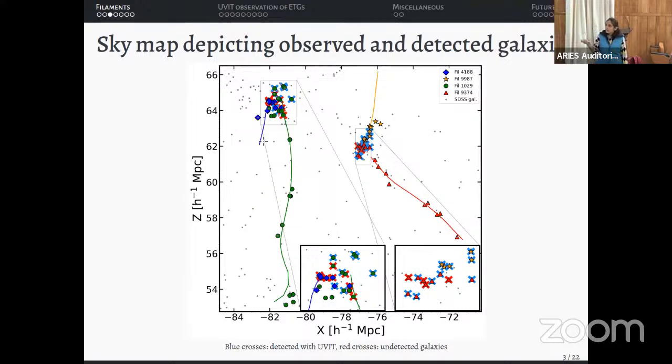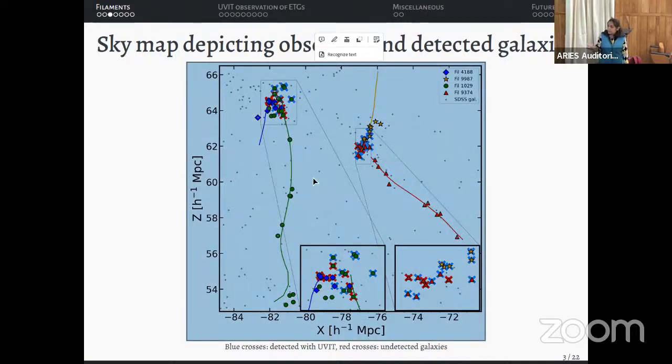Once after all the data reduction, these are the galaxies that I detect with a threshold of greater than 3 sigma. The remaining galaxies were in the field of view, but they were not detected with a significant SNR in the survey.